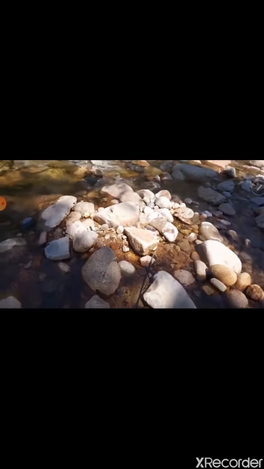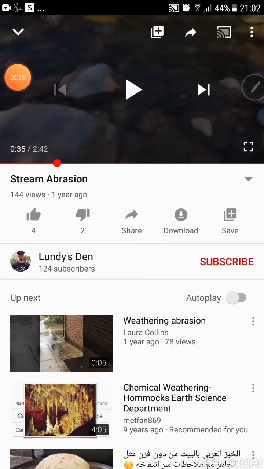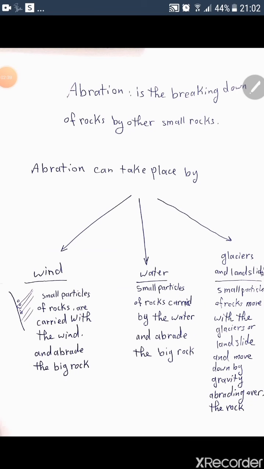Also, the same can take place by the landslides and the glaciers. What are glaciers? Glaciers are big bulks of ice and rocks that can move down because of gravity all over the way.